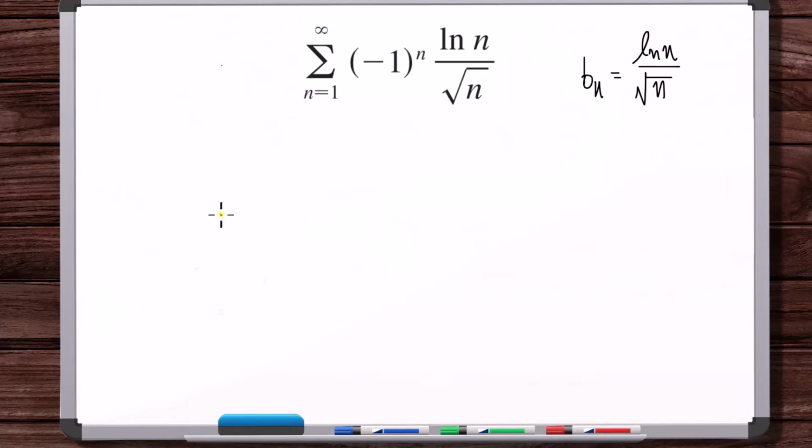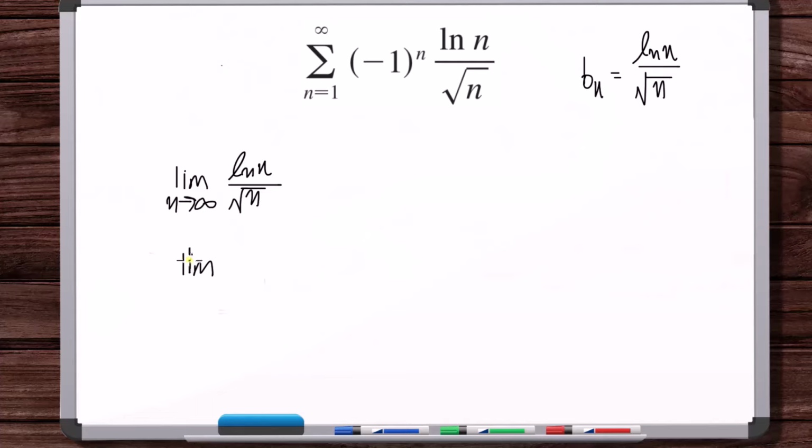Now we just take the limit as n goes to infinity of that b sub n, so we can go back to finding the limit of a sequence.